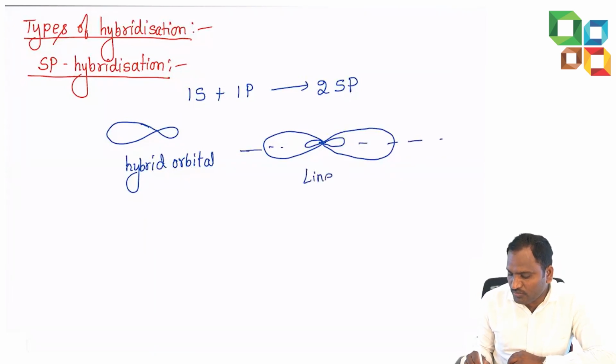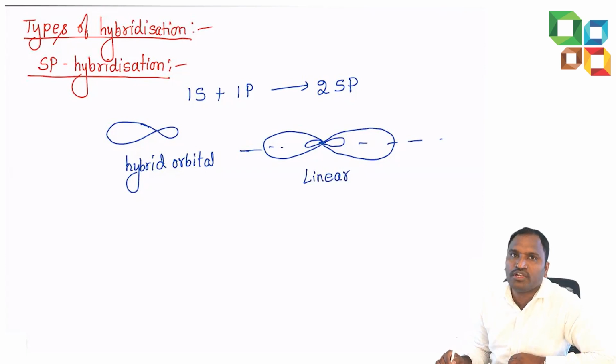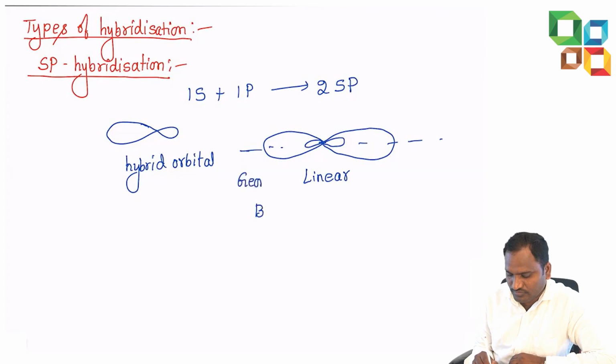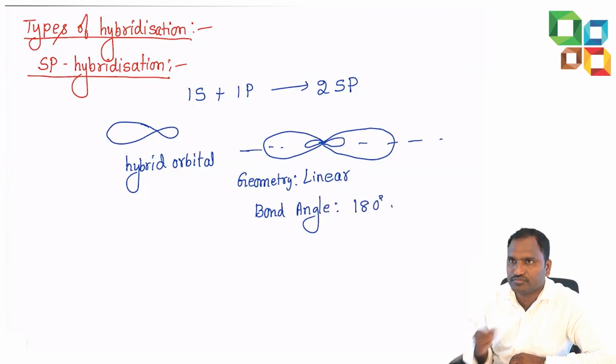So whatever molecule undergoes sp hybridization, its geometry is linear. If geometry is linear, what is the bond angle, students? 180 degrees.